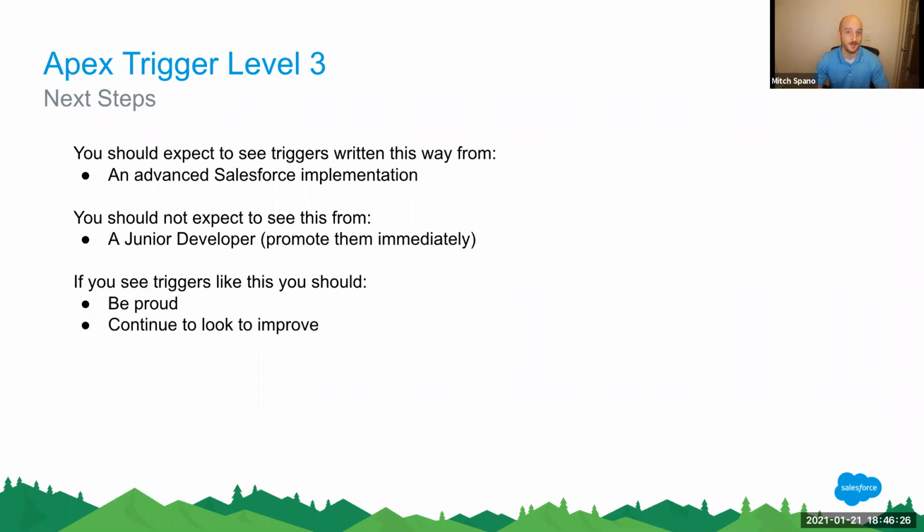And if you do write a trigger like this, or if you're in an org that's like this, you should be proud, but you should always look to continue to improve. That's where coming to things like developer user group meetings, Salesforce Saturday, or more formal things like Dreamin' in Texas or Trailhead DX, we together can make this better and get past level 3.